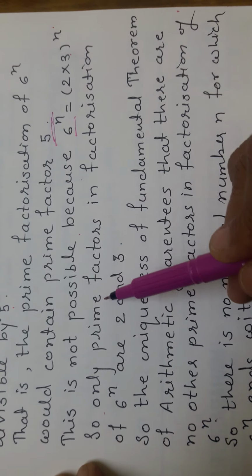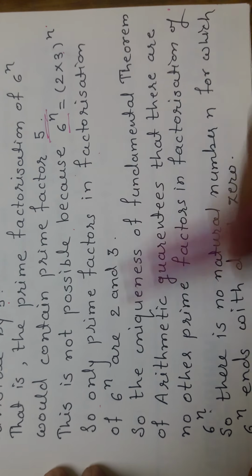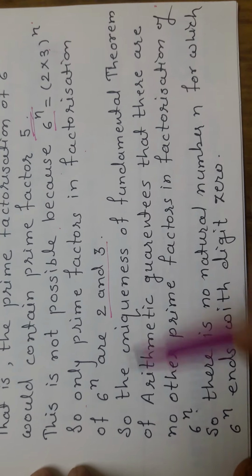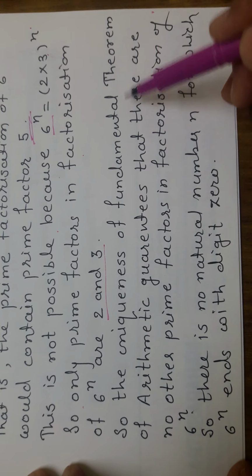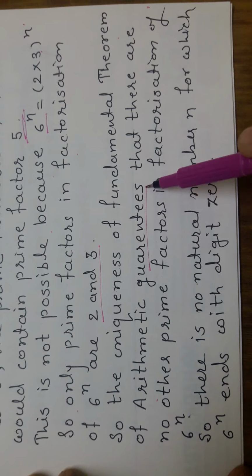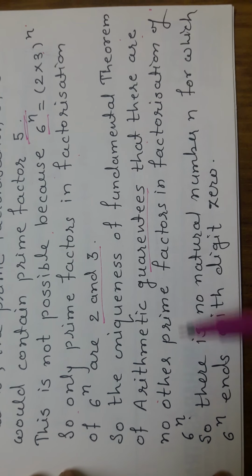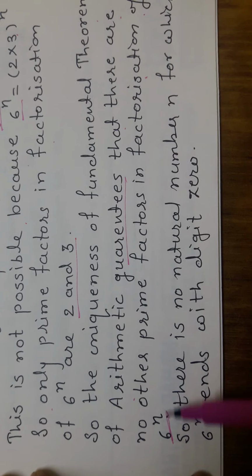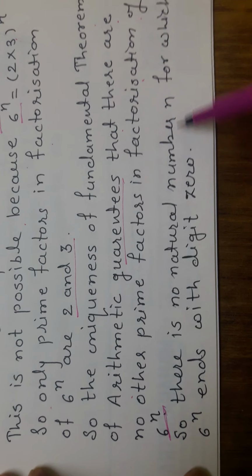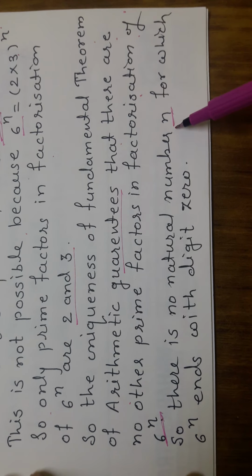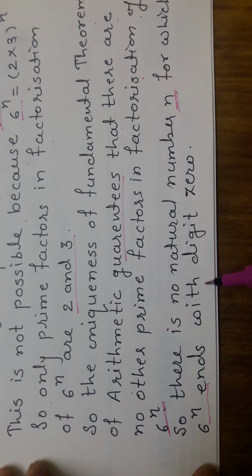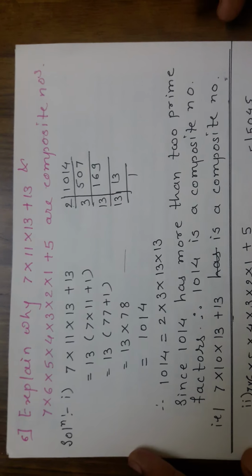So the only prime factors in the factorization of 6 raised to the power n are 2 and 3, not 5. So the uniqueness in the fundamental theorem of arithmetic guarantees that there are no other prime factors in the factorization of 6 raised to the power n. So there is no natural number n for which 6 raised to the power n ends with the digit 0.